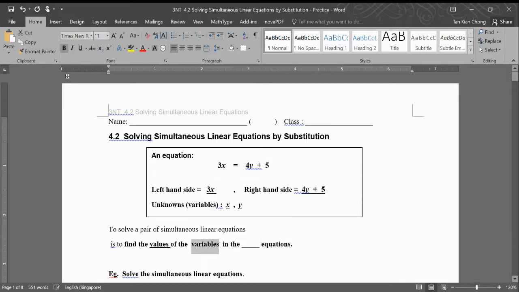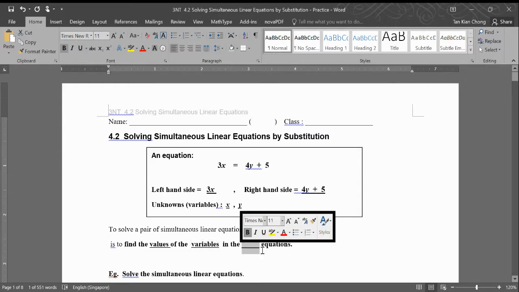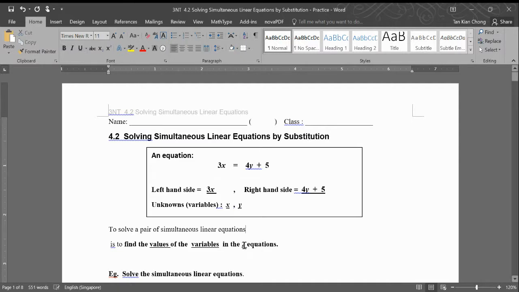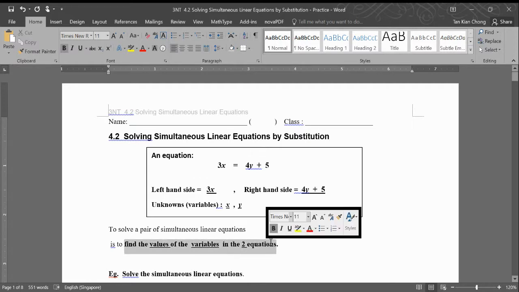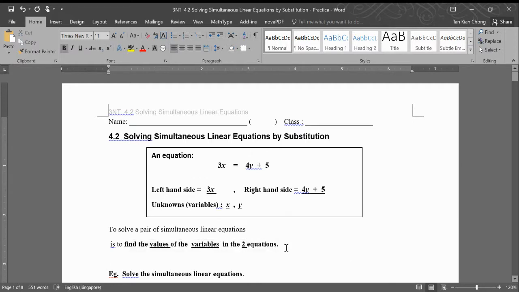We want to find the values of the variables, and usually, and not just usually, but every time, we will be given two equations. There will always be two equations. So ultimately we want to find the values of the variables in the two equations.